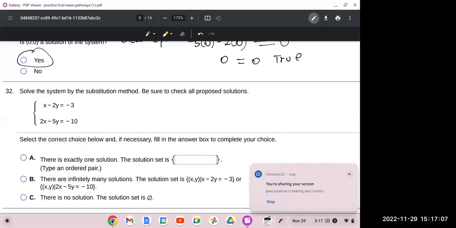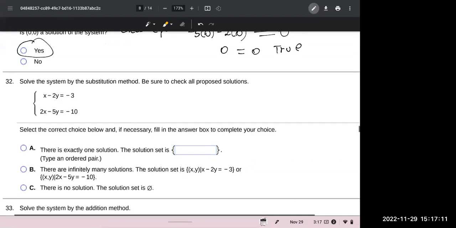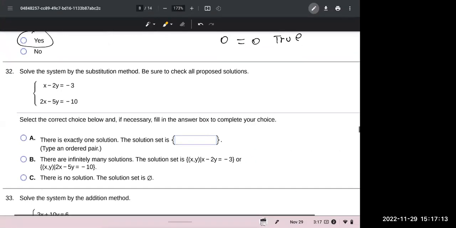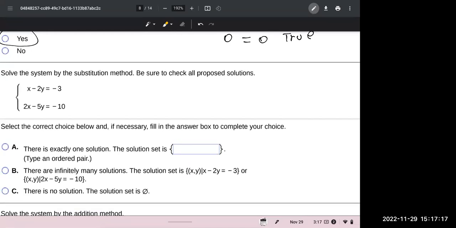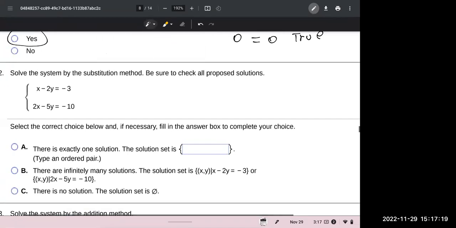Okay, right here. Question 32, we have to know how to solve a system by the substitution method. Okay, so substitution method. You need to solve either equation 1 or equation 2 for one of the variables.